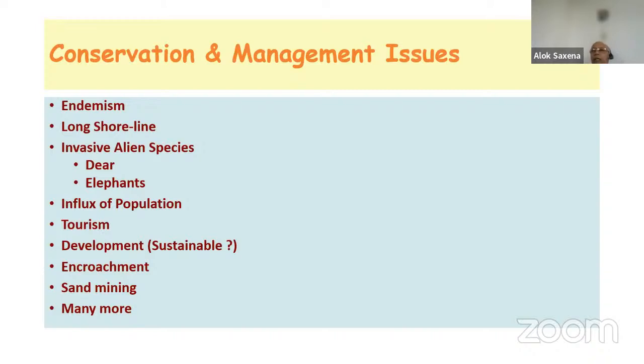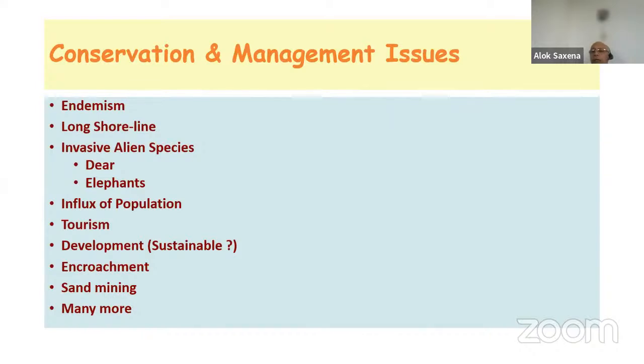Population was under control. But when the Wildlife Protection Act came in 1972, the deer, cheetal, was kept in Schedule 3. So its hunting was banned, but there was still a clause that the state government can declare any Schedule 3 or 4 animal as vermin for a particular period, and hunting can be allowed.